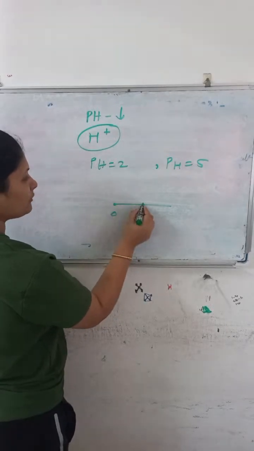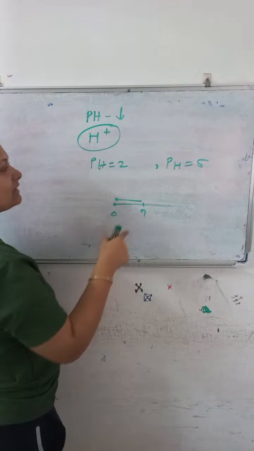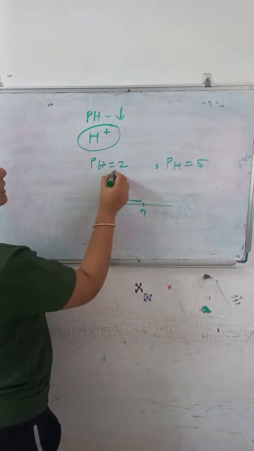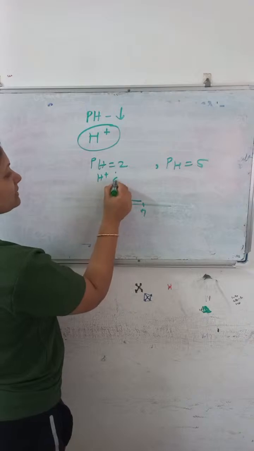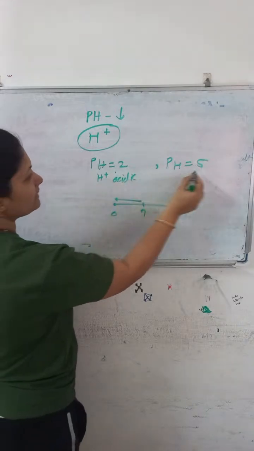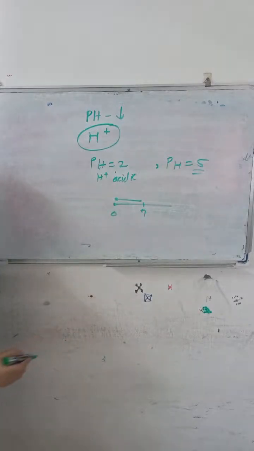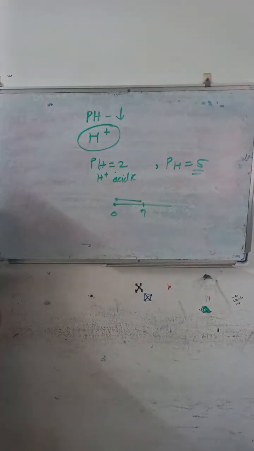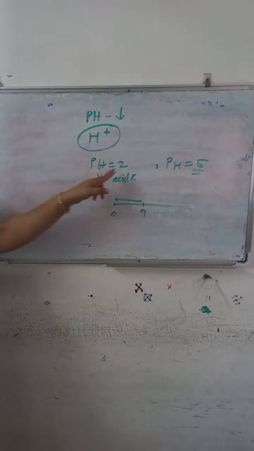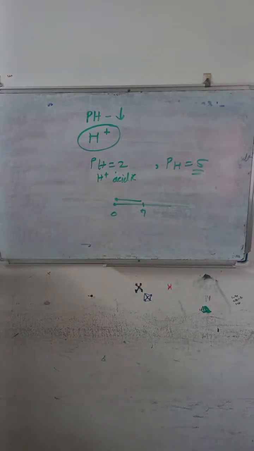As we move from 7 to 0, acidity is increasing. Acidic nature increases, so here more H plus ions are there. That means the solution with pH 2 is more acidic than the one with pH 5. Okay, write down.